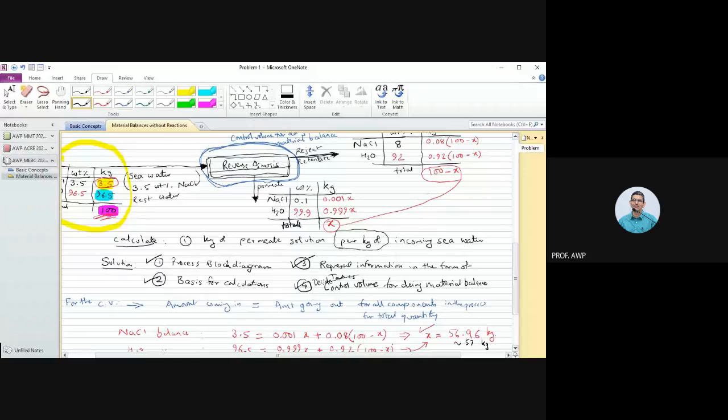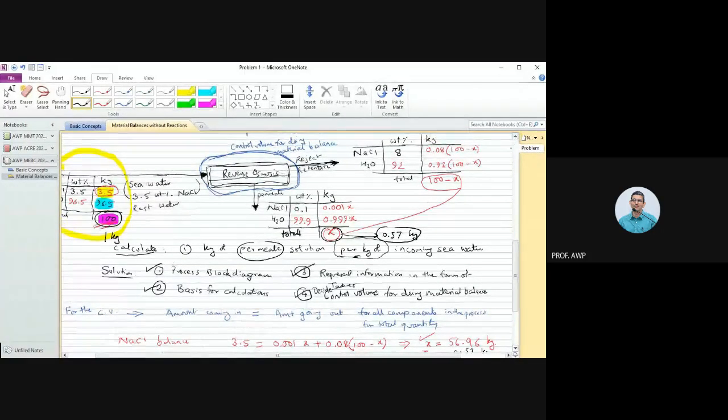What did we want? We want kgs of permeate per kg of solution. What have we got? 57 kgs per 100 kilograms. So if I take 1 kilogram, this would become 0.57 kilograms. So irrespective of the basis that you take, you are going to get the same balances. You just have to write the answer in whatever form it is required.